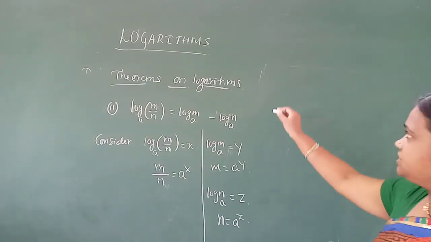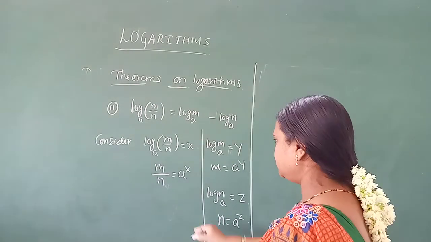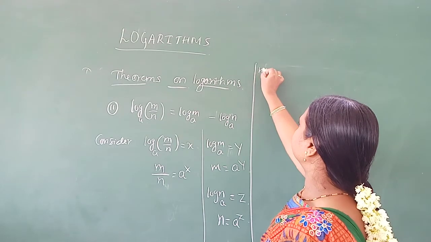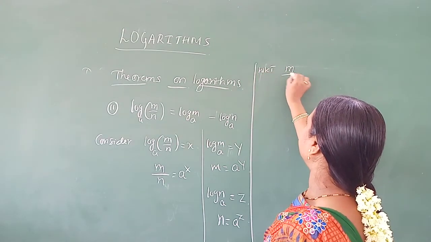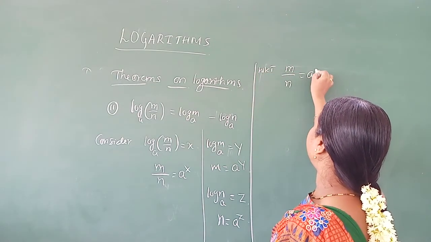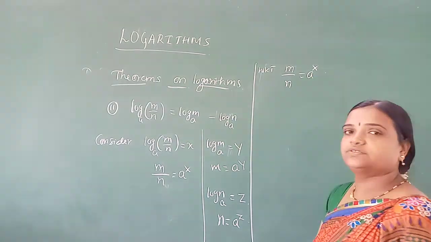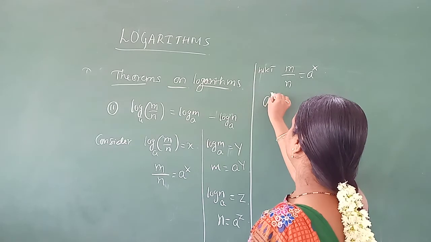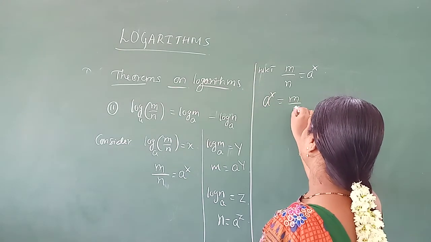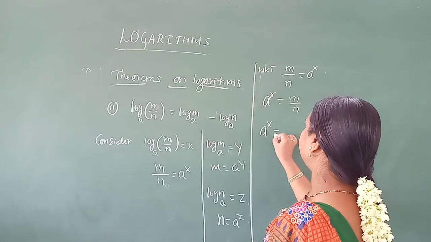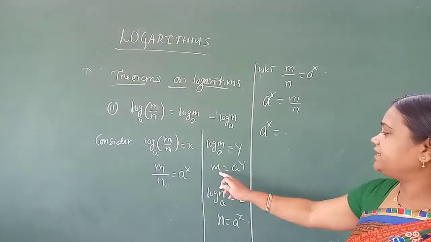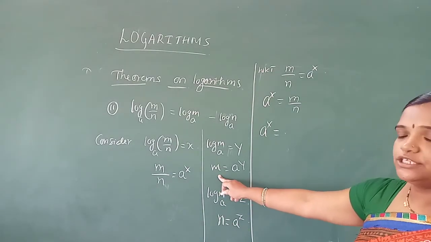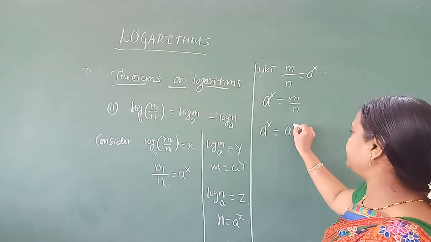Next, we know that m by n is a to the power x. Or rewrite this: a to the power x is m by n. What does m represent in exponential form? a to the power y.